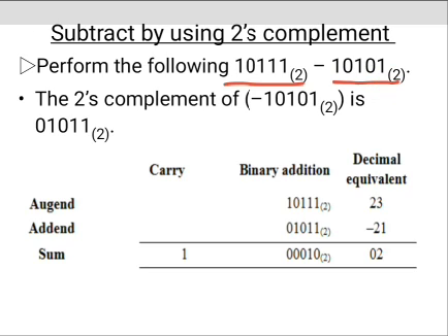The 2's complement of 10101 is 01011. So the binary equivalent of 23 is 10111. 23 minus 21 equals plus 2. Therefore, by adding these two, that means 01011 plus 10111.